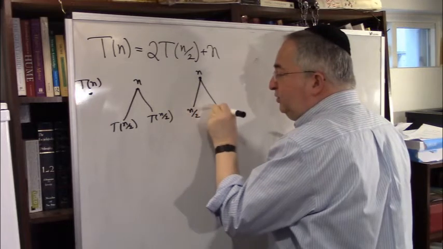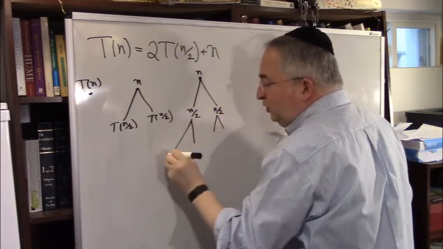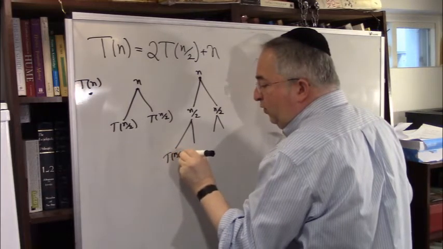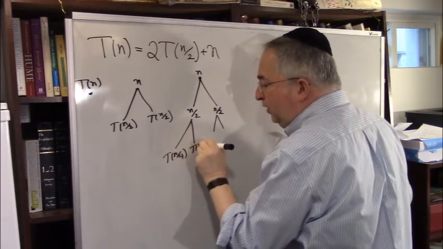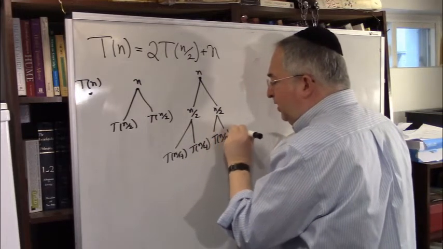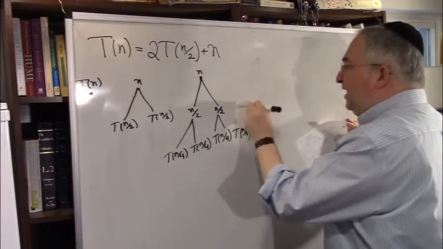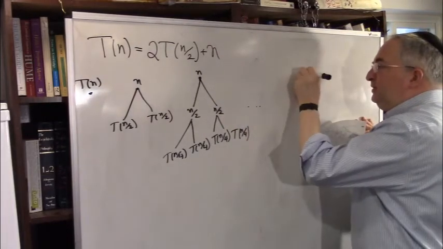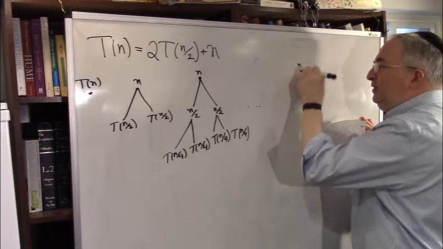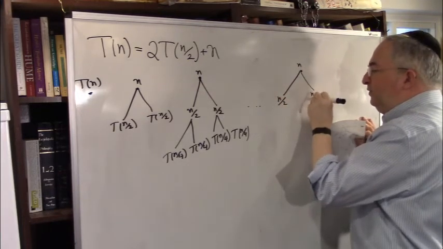This is n over 2, this is n over 2, and each one has 2 children called n over 4, n over 4, n over 4, n over 4. Okay, dot, dot, dot.